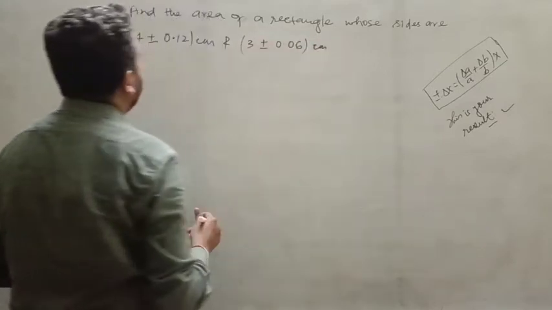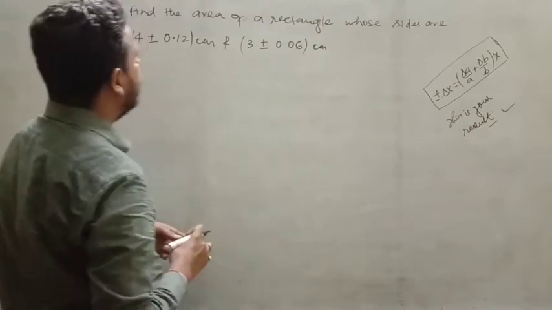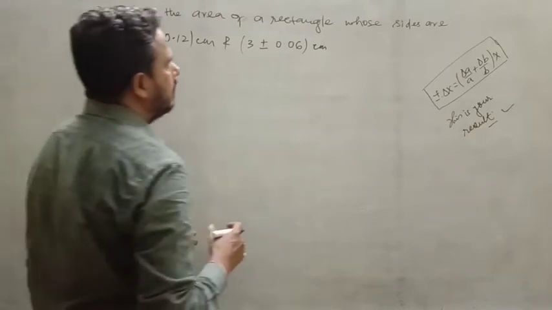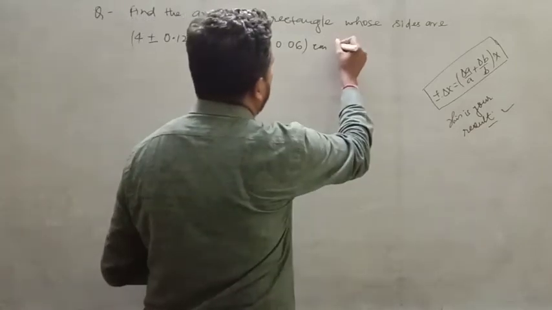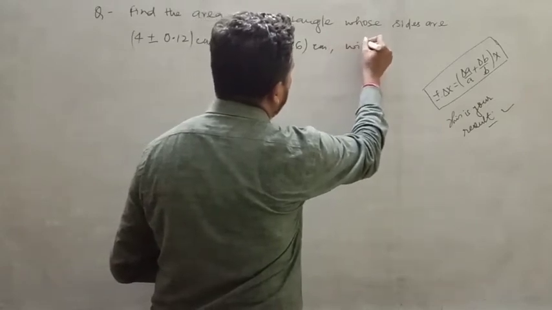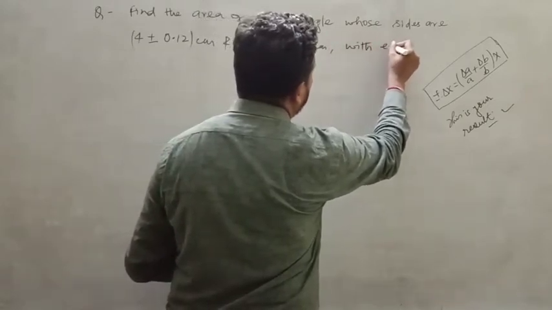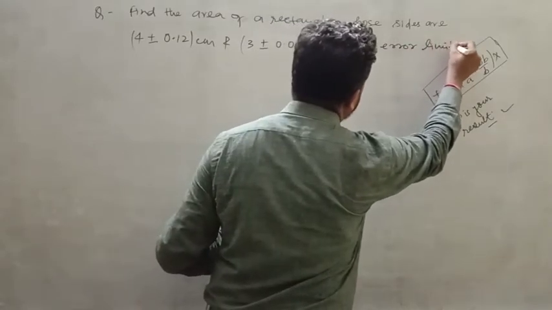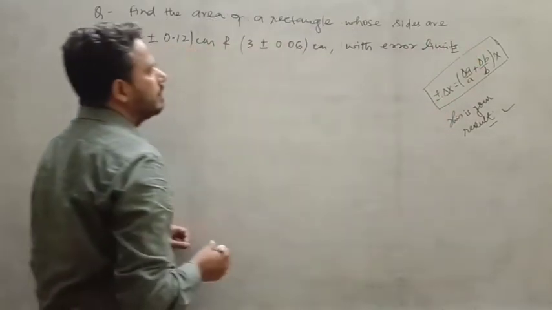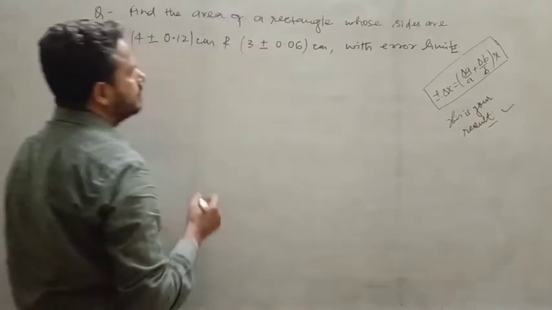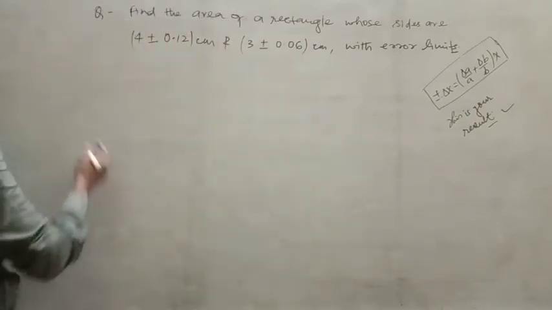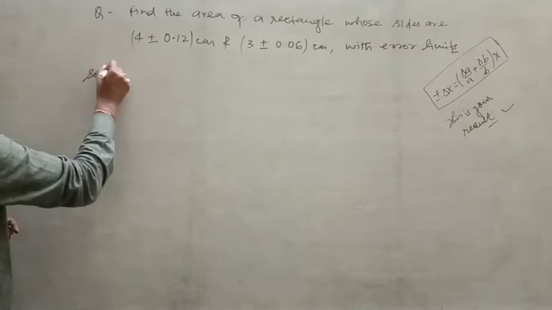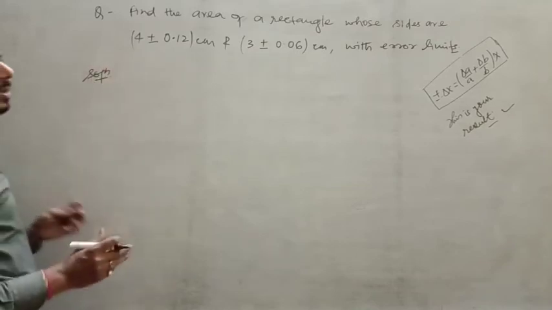So find the area of a rectangle whose sides are this one with error limits. So it is very simple. Here you have to use the product of the errors.